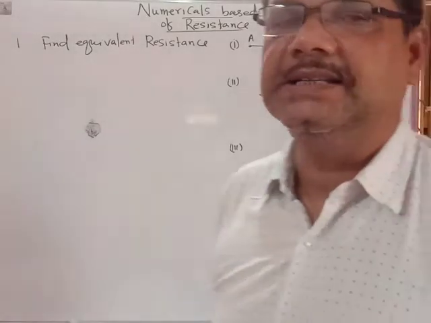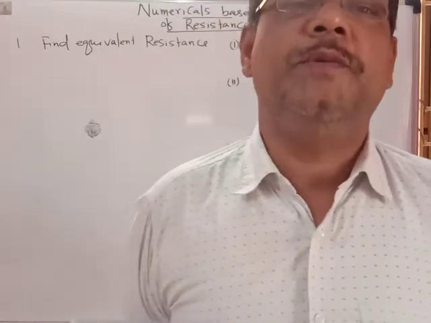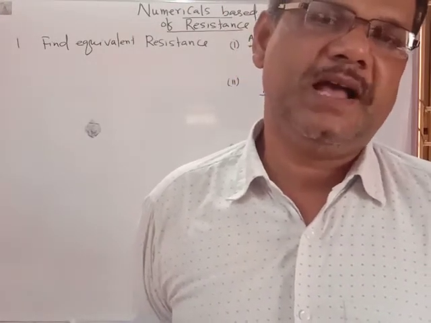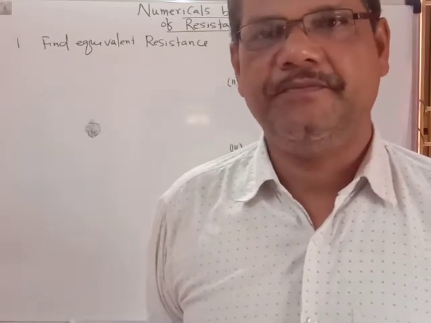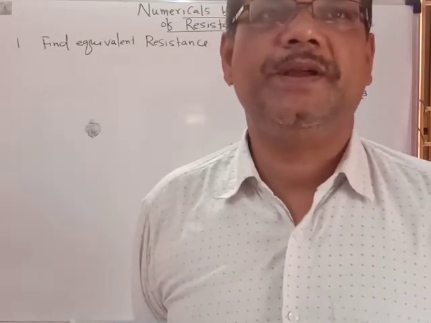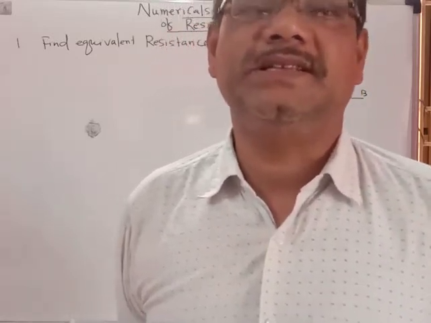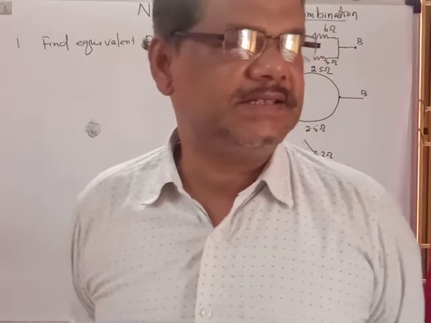Already we have discussed the equivalent resistance in case of the series grouping and in case of the parallel grouping. And you know that in series grouping the equivalent resistance is equal to the sum of the individual resistances.